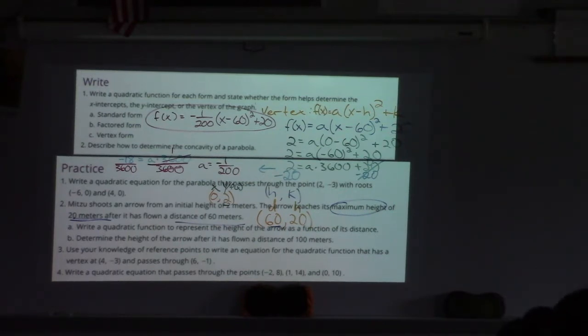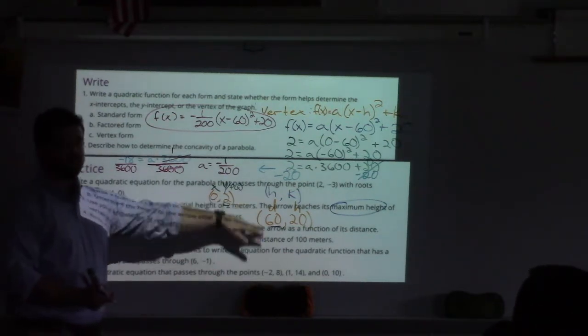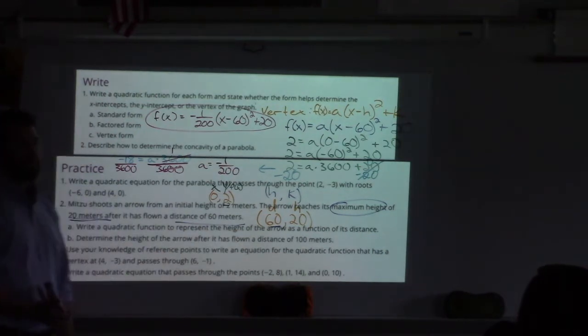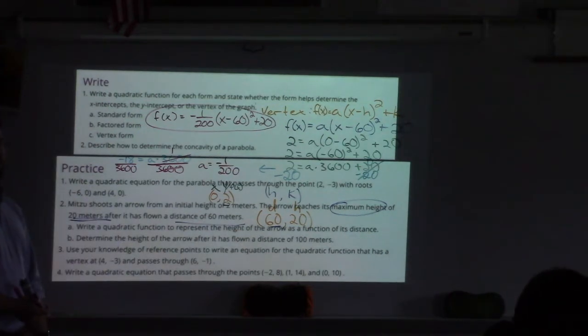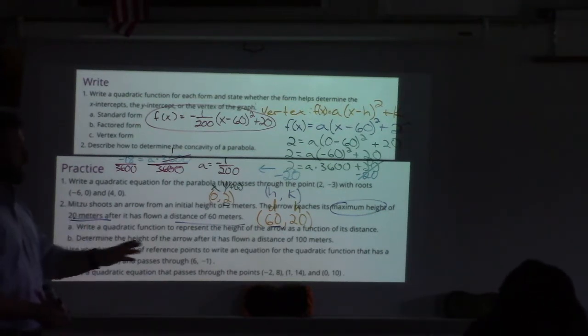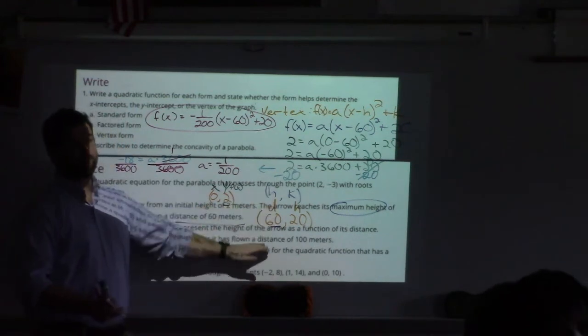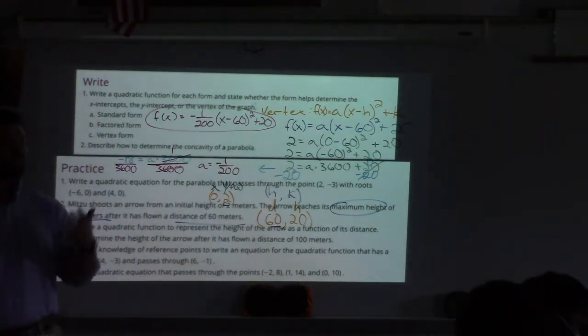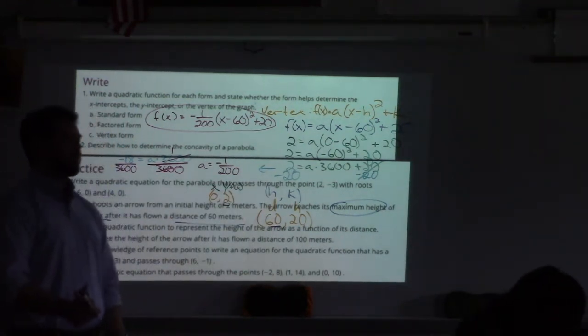Could that 100 meters be substituted in for any of the variables? Isn't the distance my x variable? So what could that 100 be substituted in for? Not for 60. That 100 could be substituted in for the variable x. Now be careful, right? The 60 is h. 60 is the x value of the vertex. I can't ever substitute anything in for that.